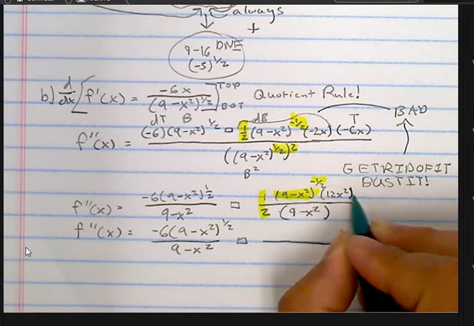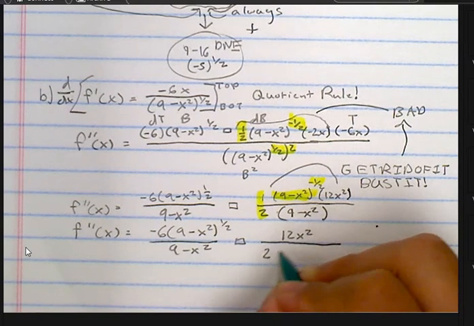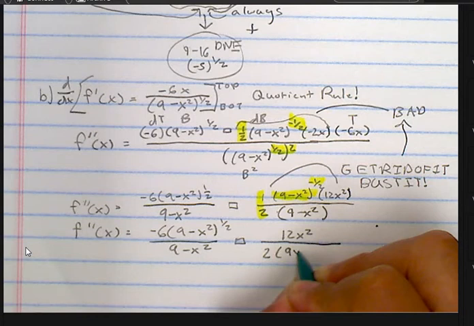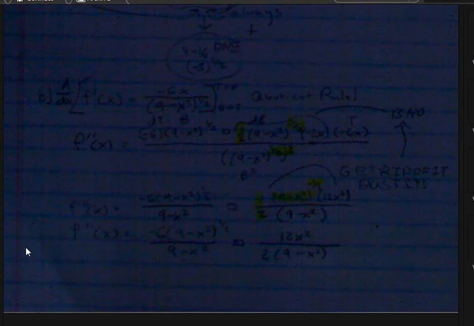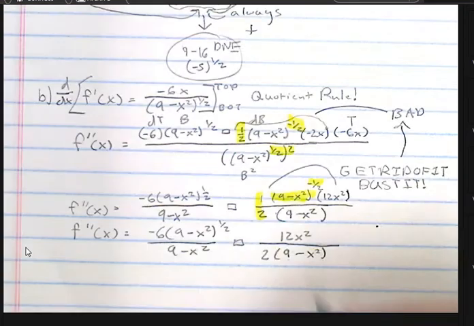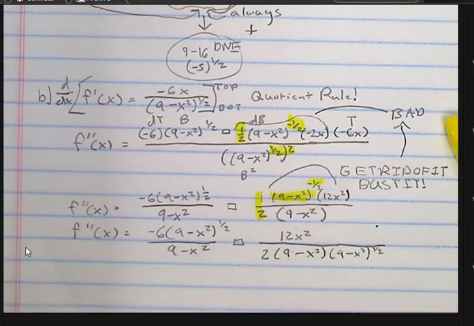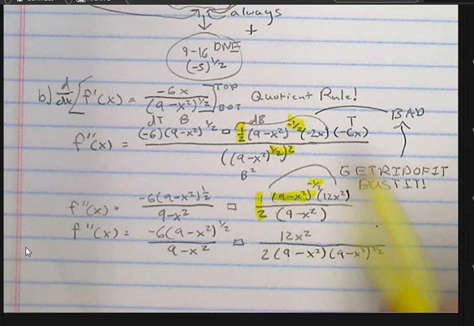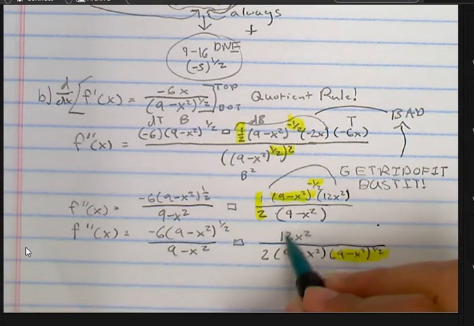1 times 12x squared, 12x squared. And my light turned back on. Now this has become here. Simplify.